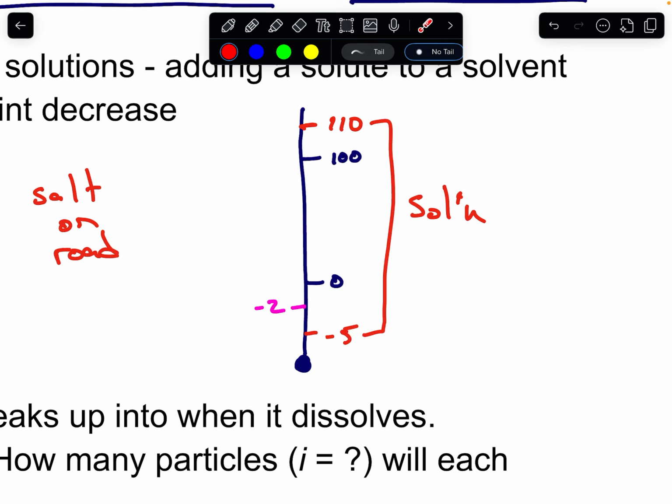It melts at -5 or freezes at -5 degrees. That ice froze when it was originally at 0. Now, in order for it to stay frozen, it has to get to -5 degrees outside. So when it's only -2, we're going to see that ice start to melt.